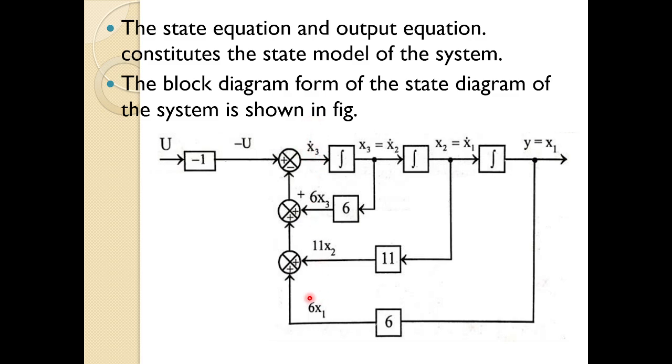Here this is 6x1. So if this is 6x1, then I can consider x1 as input and multiply x1 with the transfer function, assuming 6 as the transfer function. So write 6 and consider x1 here. Now this is 11x2.